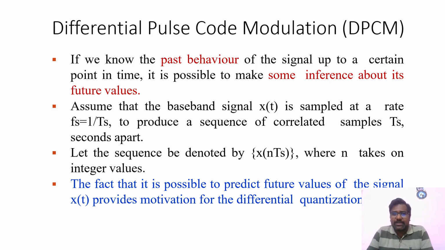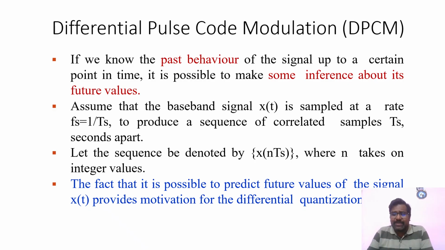In this technique, the past signal up to this point is used to make some inference about its future values. Assume that the baseband signal x of t is sampled at the rate Fs equal to 1 by Ts, producing a sequence of highly correlated samples Ts seconds apart.